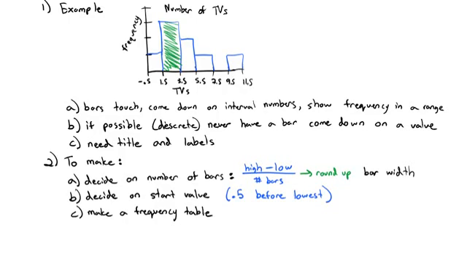Like we saw in section 1, with ranges. With the ranges that we found in parts A and B here. And we can use that frequency table then to build the histogram. So if that's the method, let's see if we can go ahead and actually do that with an example.